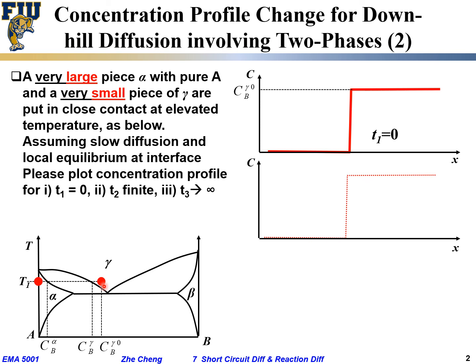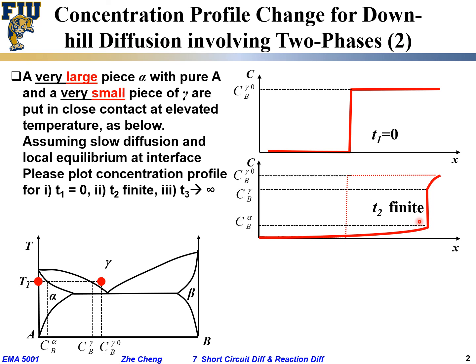Gamma shrinks, right? So for finite time t, I'm going to draw something like this. Of course, it's not drawn to scale. What happened? My interface moved towards the gamma one. Make sense? And at the same time, I have the so-called concentration at critical points. Here I'm in what phase?